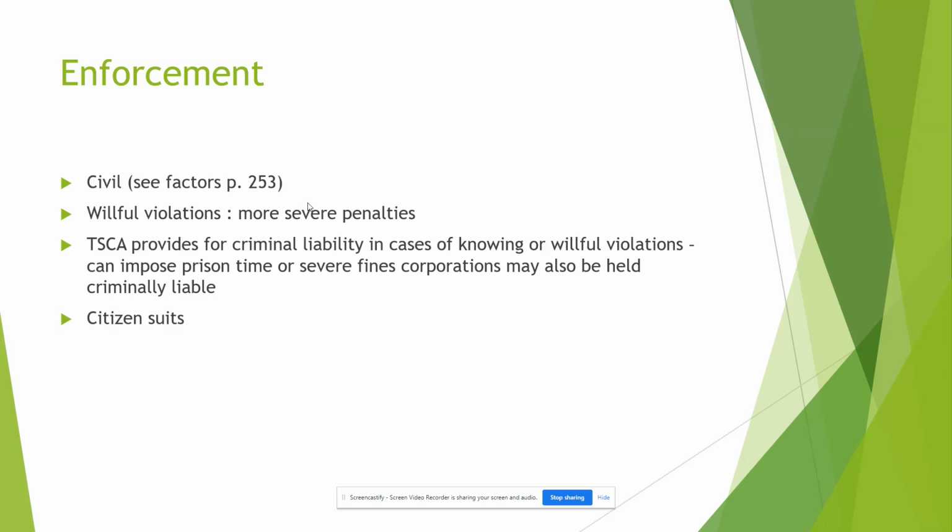If actions are willful or repeated, there will be more severe penalties. And there is a provision for criminal penalties in cases of knowing or willful violations, which imposes both prison time or severe fines. Corporations, not just individuals, can be found criminally liable. And there is a provision under TSCA that any person believing violations of TSCA have occurred has the right to file a suit. So citizen suits are allowed under TSCA.